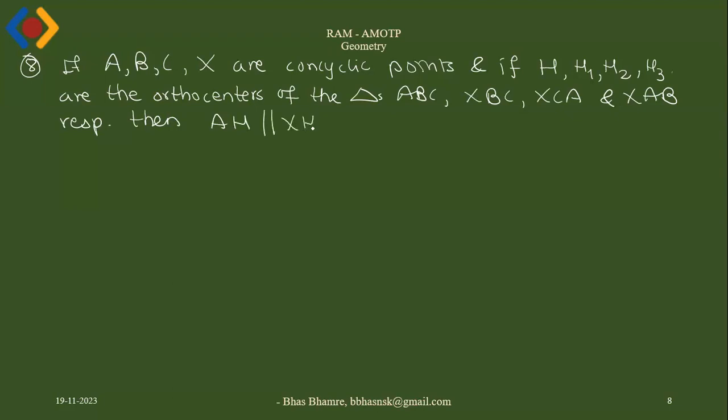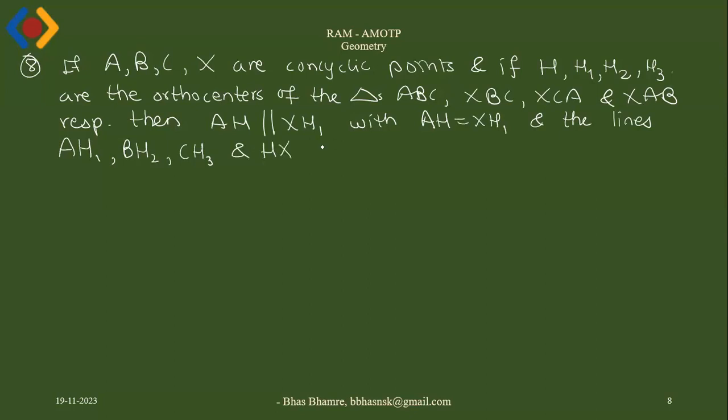AH is parallel to XH1 with AH equal to XH1, and the lines AH1, BH2, CH3, and XH have a common midpoint.